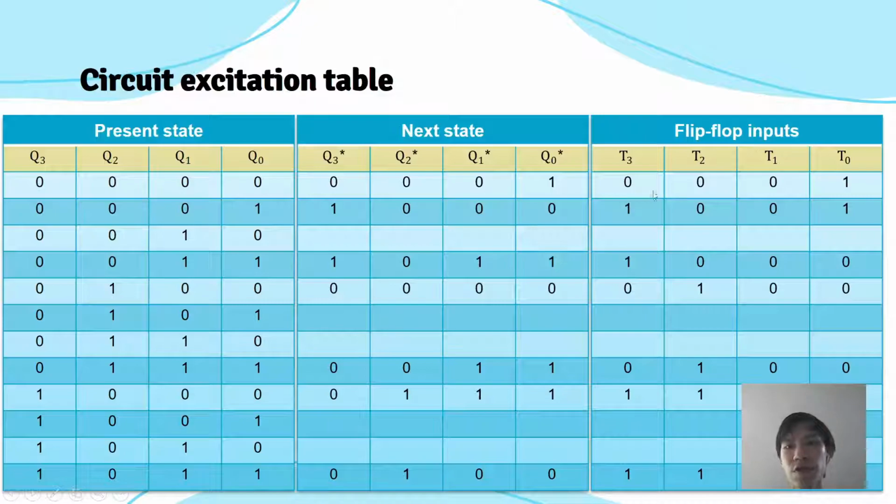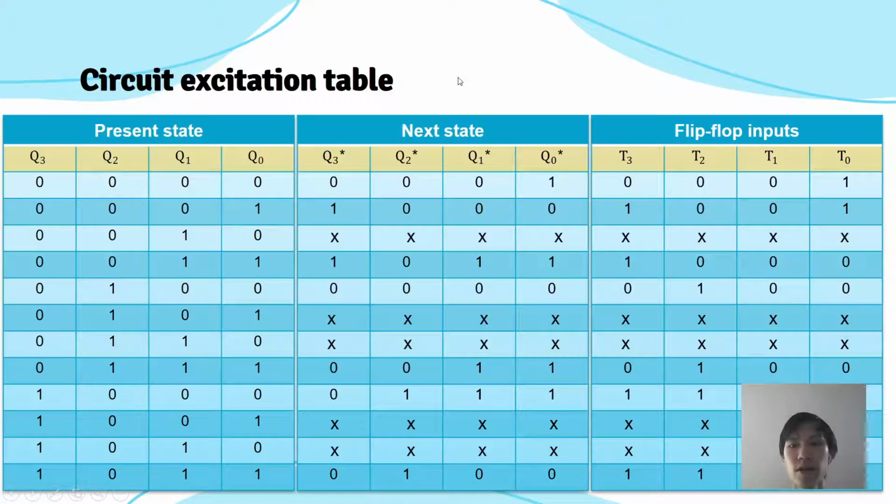The input for flip-flop T3 is 0. And for Q0, the present state is 0 and the next state is 1. The input for T0 is 1. And this is how we determine the inputs for the T flip-flops. For the rest of the numbers that we are not using, I just put don't care for the inputs.